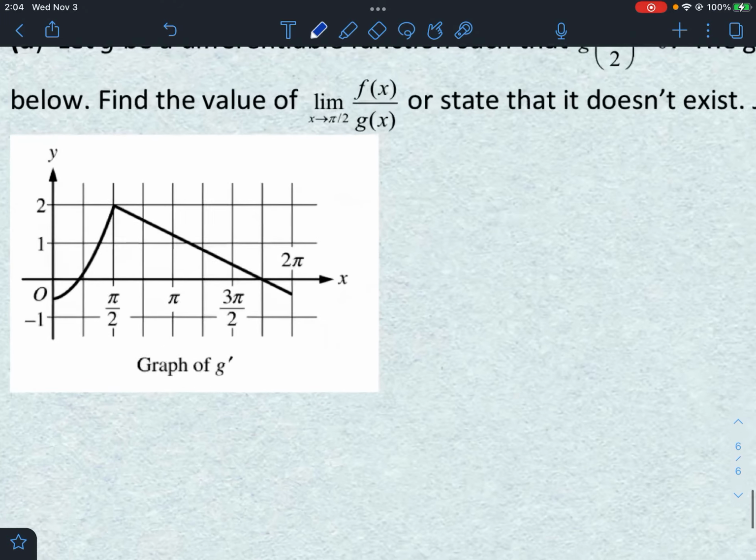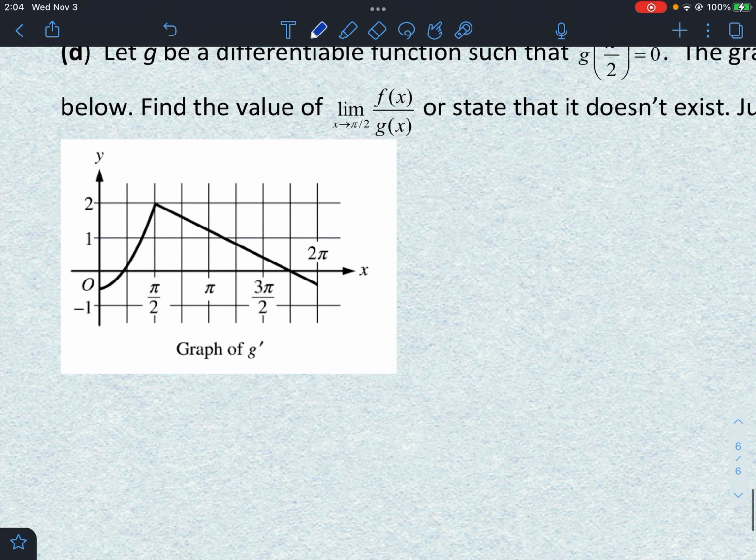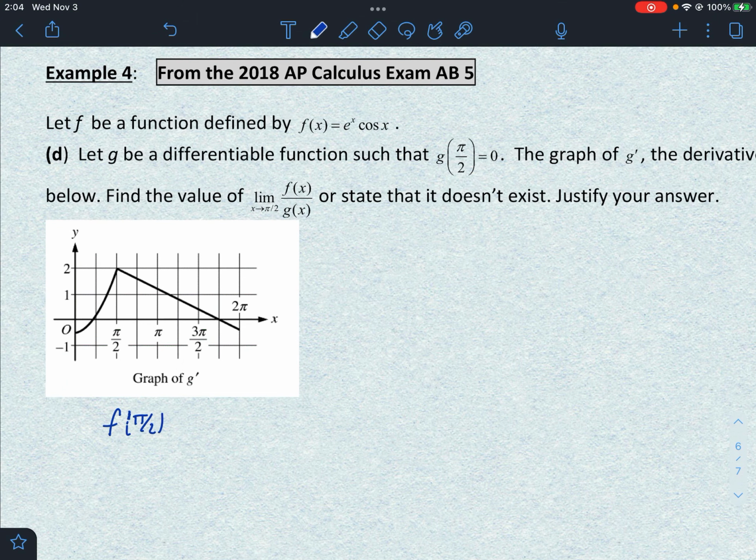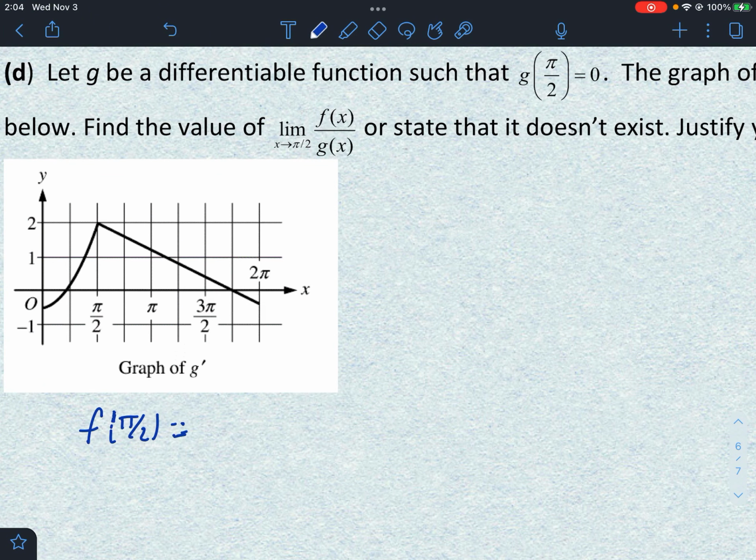Okay, so the first thing we want to do is put pi over 2 in here. F of pi over 2 would be e to the pi over 2 times cosine pi over 2. Cosine pi over 2 is, of course, 0, so that would be 0.